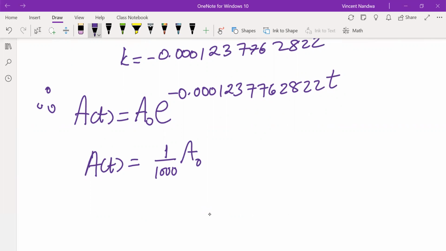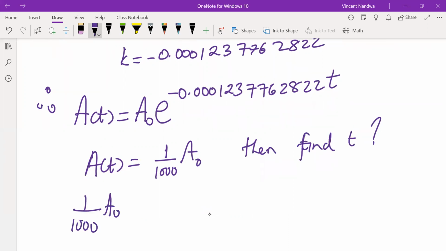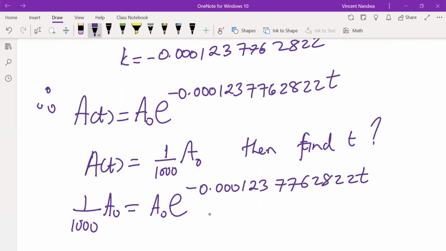So using this, we need to find the value of t. So I'll have 1/1000 A naught equals A naught e raised to the power negative 0.00001237762822 t.